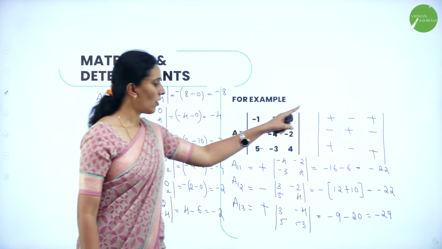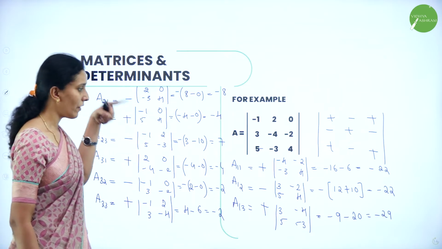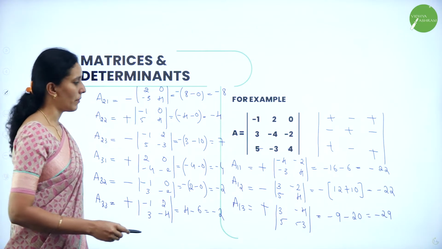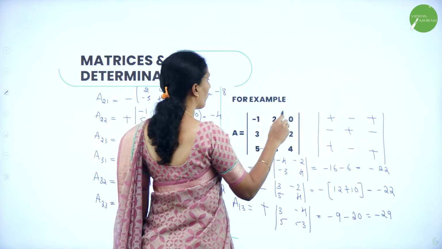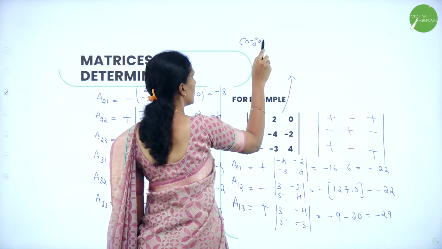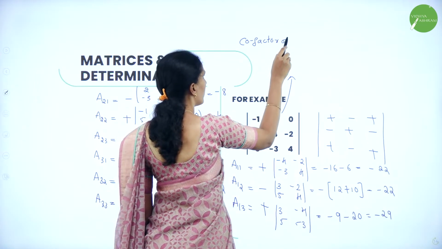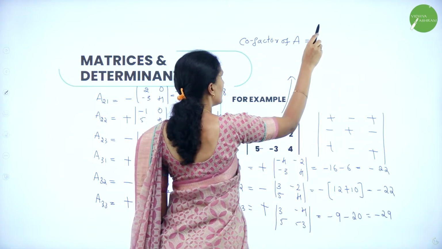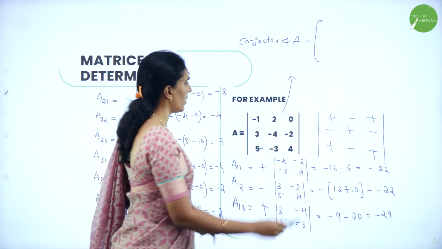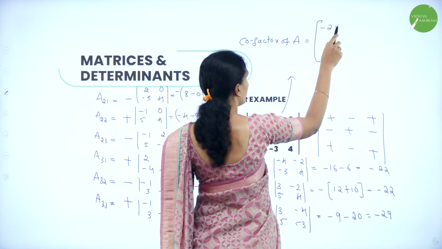So if you write all these values in one more matrix, that is called the cofactor matrix. So let's write the cofactor matrix for this. Cofactor of A: write it down in one more matrix. The cofactor of minus 1 is minus 22.